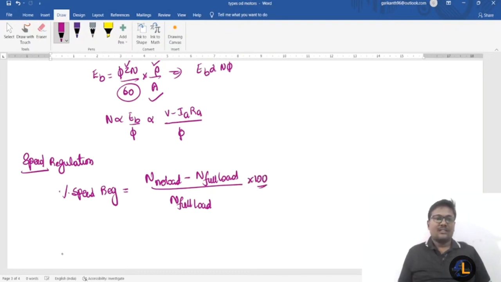So this is called the speed regulation formula. It is the change in speed from no load to full load, and it is expressed as a percentage fraction of full load speed. So that is about the speed regulation. This is very important.